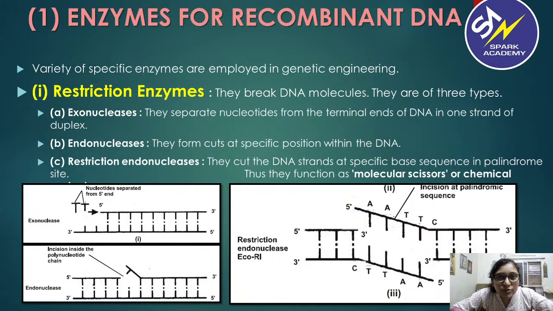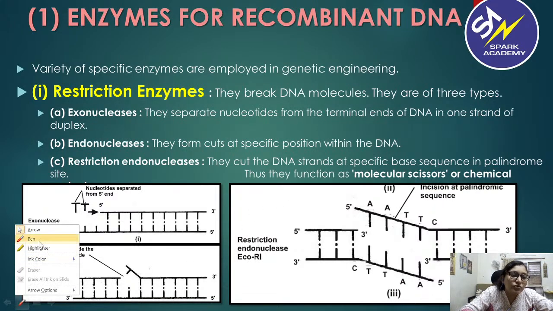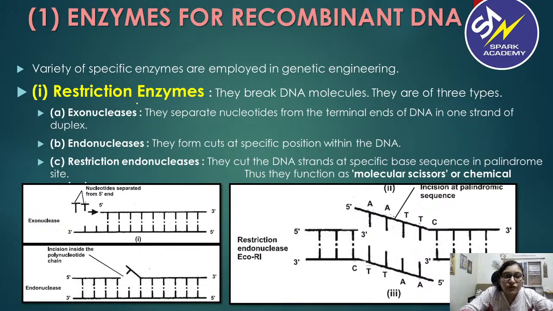First, enzymes for recombinant DNA technology. So the first enzymes you require are restriction enzymes. What is the meaning of restriction enzymes? Enzymes which break down DNA. There are mainly three types of restriction enzymes: exonuclease, endonuclease, and restriction endonuclease.